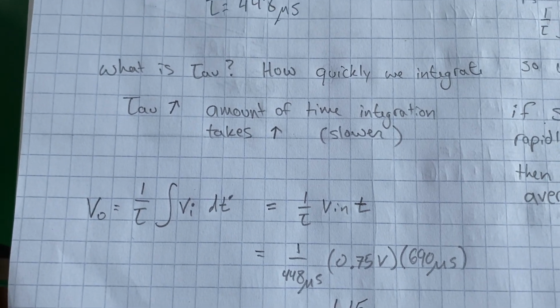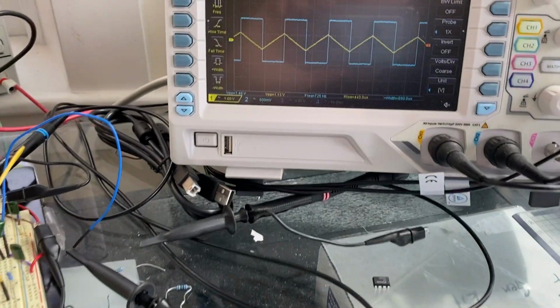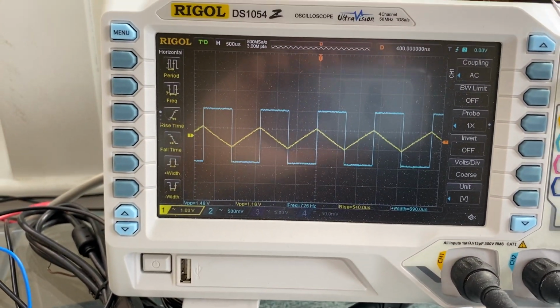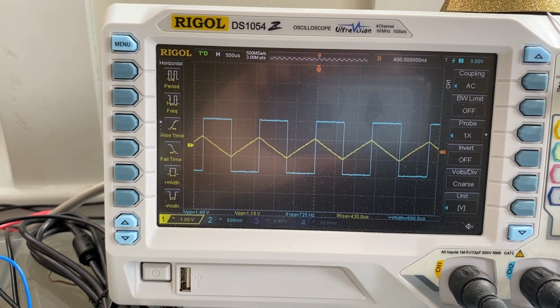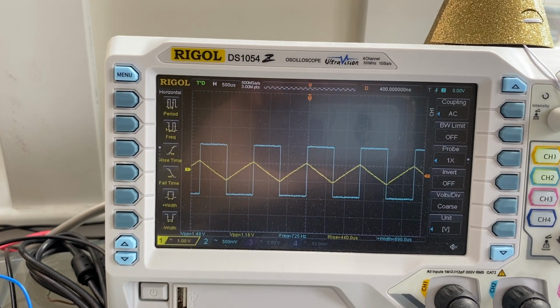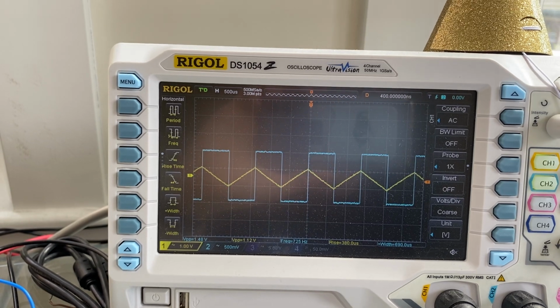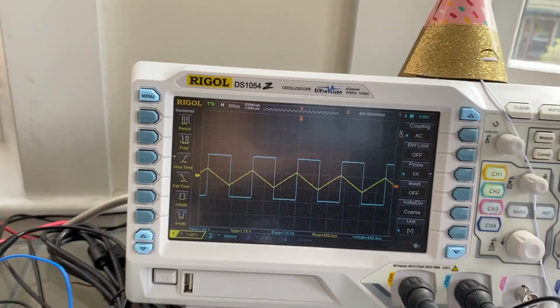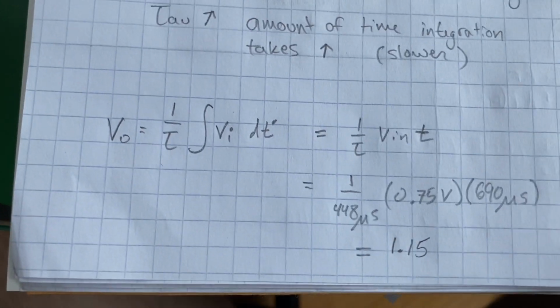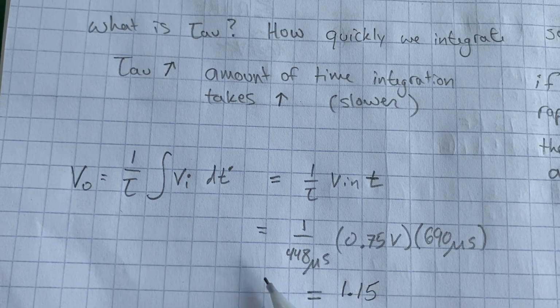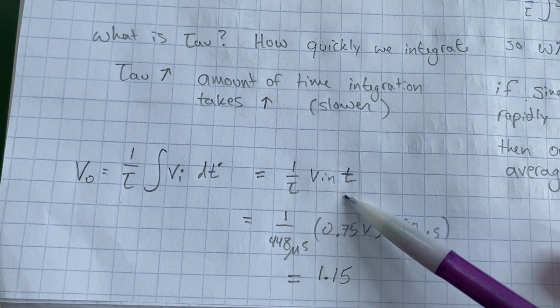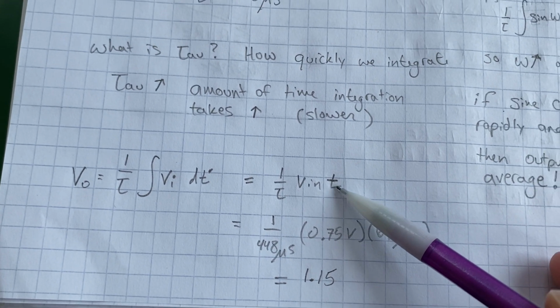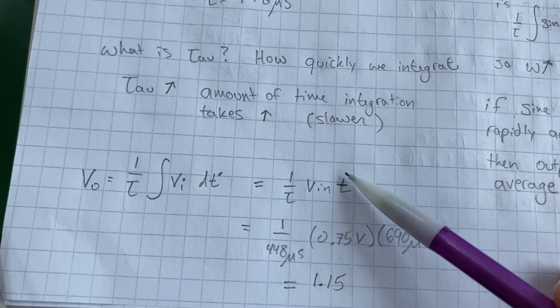So here, what I have on the scope is a 1.5 peak-to-peak input in the blue, and that means about 0.75 above or below 0. And if I calculate what the output should be, which is in the yellow, it's 1 over tau times Vin times t, where t is the length of time it's either high or low.